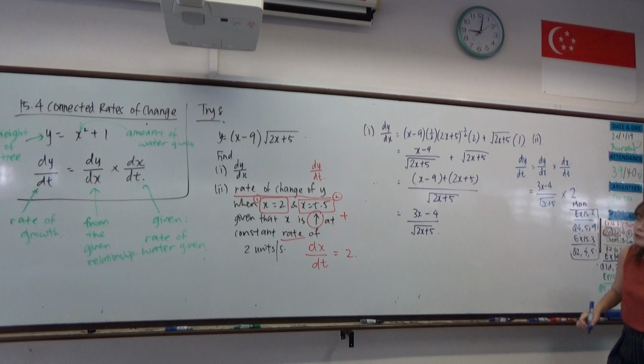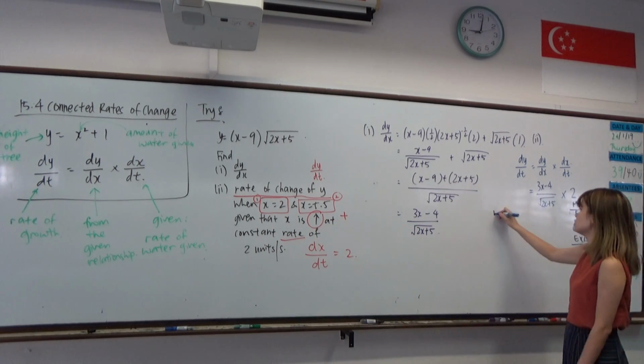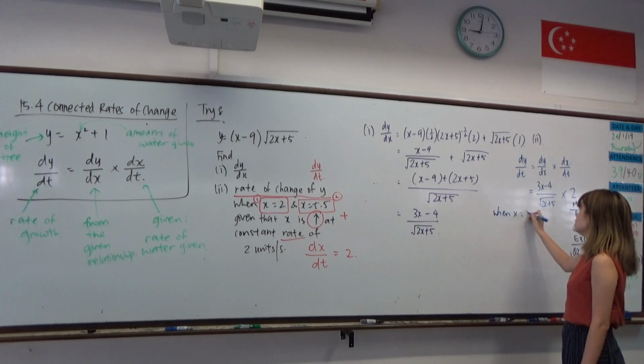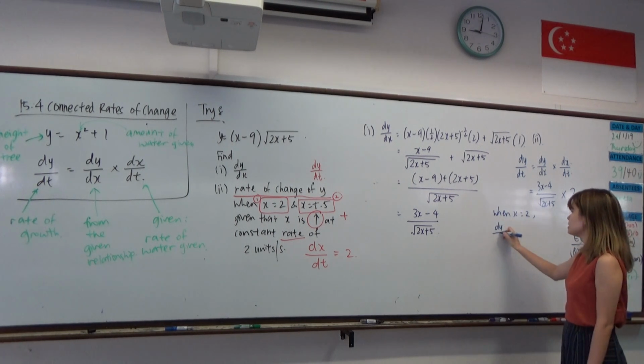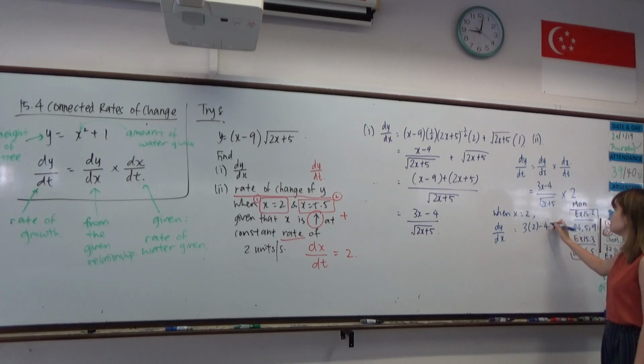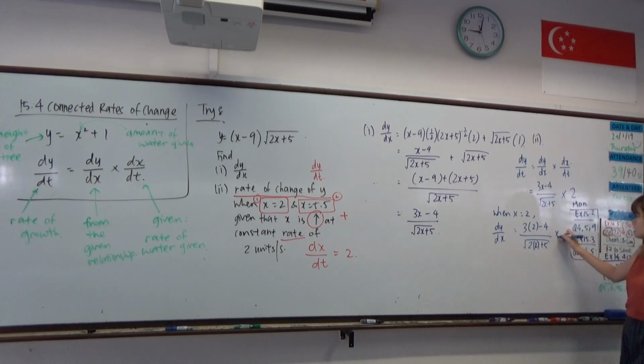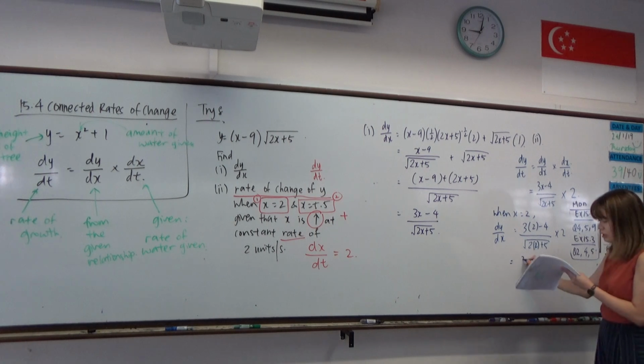Okay, but since we want to first find out what is the value when x is equal to 2, my dy over dt will be (3 times 2 minus 4) over the square root of (2 times 2 plus 5), times 2. Okay. Then after that, your answer will be 2 over 3.